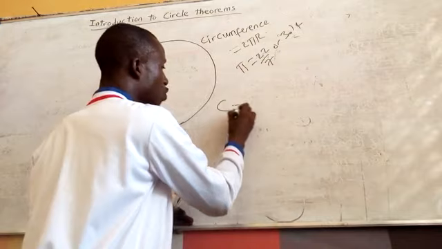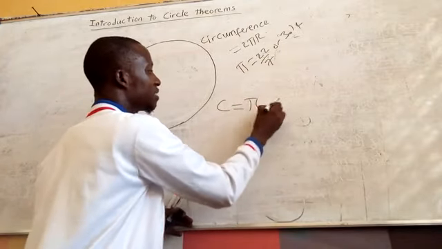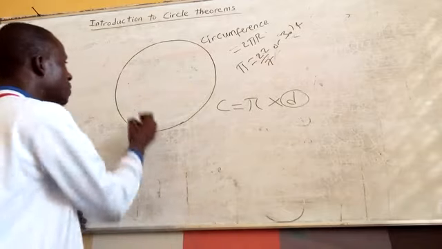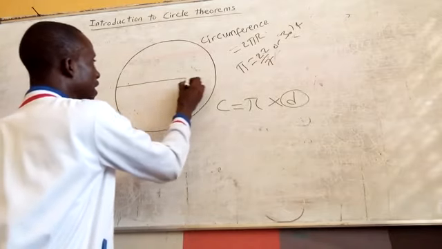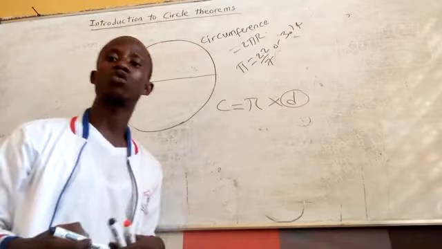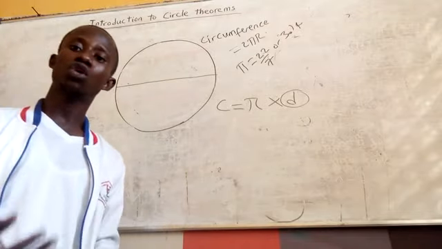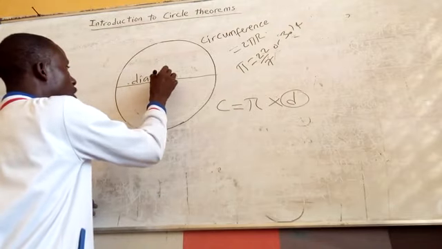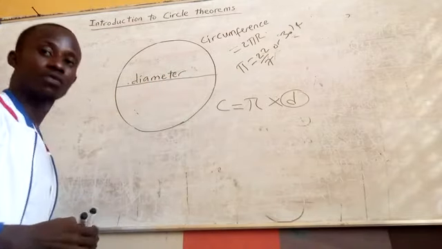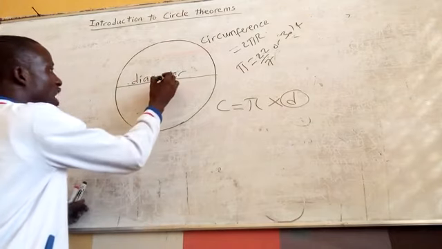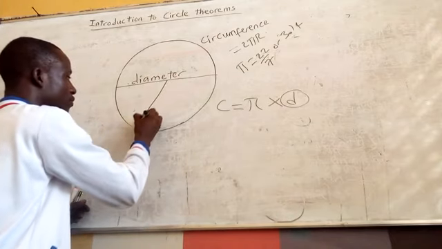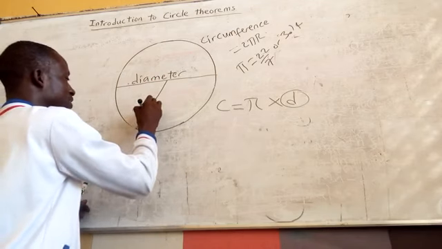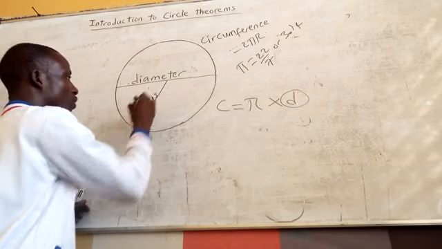The circumference is also equal to pi times d. D represents the diameter. And the diameter is a line that divides the circle into 2 equal parts. So this line is called the diameter. If we draw another line from the center, this line is referred to as the radius.